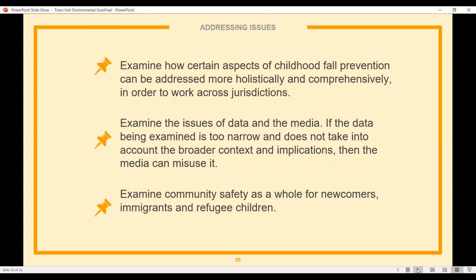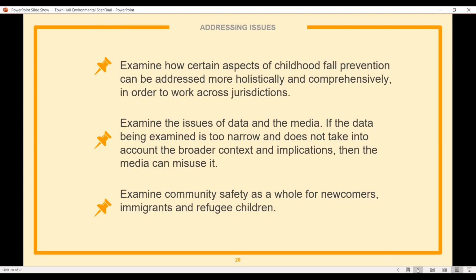In addressing the issue, maybe we need to examine how certain aspects of childhood fall prevention can be addressed. And as we mentioned earlier, some people mentioned maybe it's in the context of child safety, maybe it has to have a more holistic approach to be addressed. And maybe that's the way we'll be able to do the work across jurisdictions and sectors.